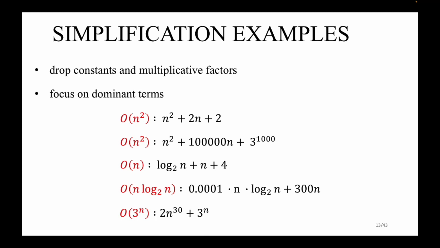Similarly, this one is very small compared to this one if n goes to infinity, and this one is constant. You don't need to worry. We never worry about the constant because you worry about how long you need to run your program when your input goes to infinity. For example, n can be the number of elements in your array.